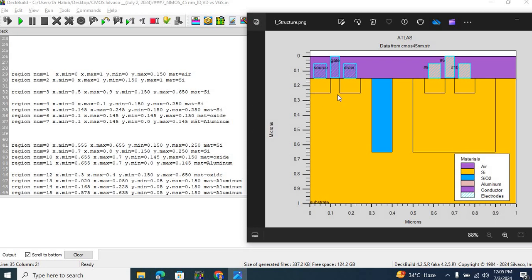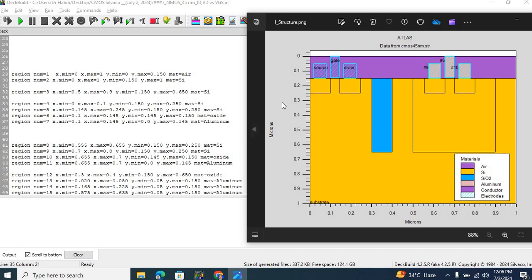If you are working with short channel devices, we have to keep the thickness of the gate oxide really small in order to have lower threshold voltage for these transistors. So this is something different. In long channel devices, our oxide thicknesses are generally tens of nanometers, but in a short channel device, we have to keep this thickness really small.